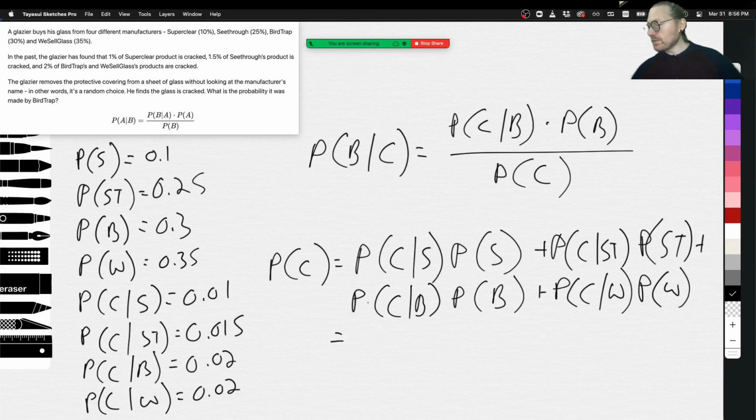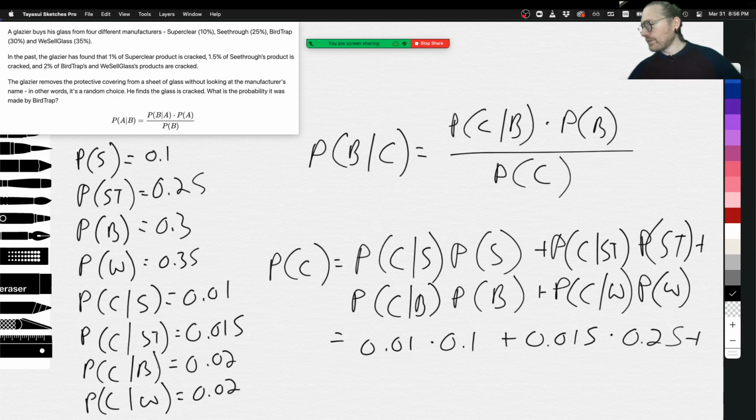And we can just fill these in, right? So that's 0.01 times 0.1 plus 0.015 times 0.25 plus cracked given bird trap, which is 0.02 by 0.3, and then cracked given we sell glass, 0.02 by 0.35.